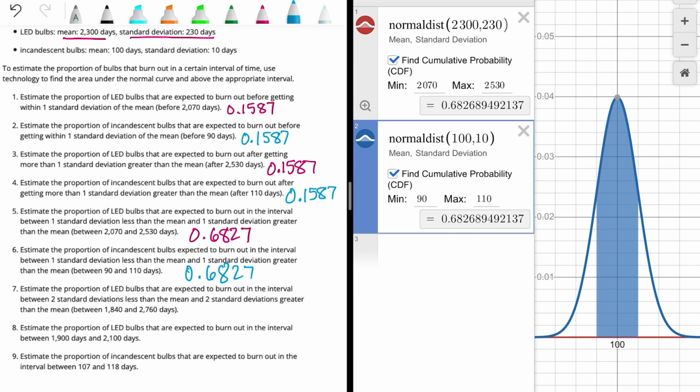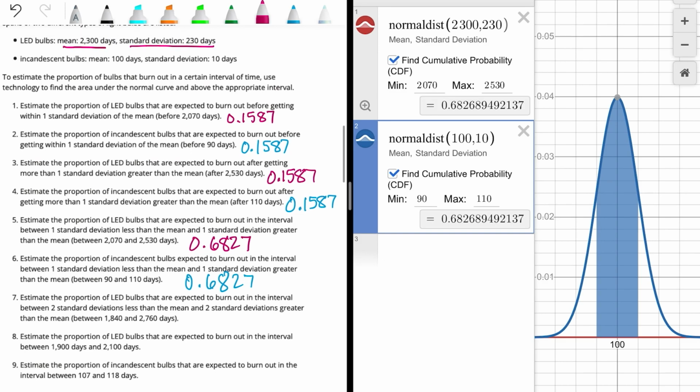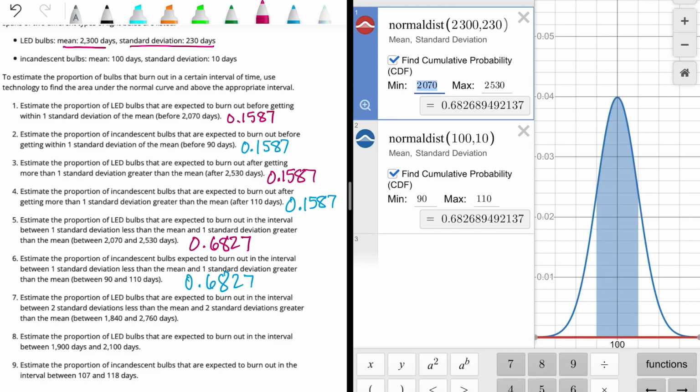All right, now we're taking a look at the proportion of LED bulbs, so we're back to the red one, that are expected to burn out in the interval between 2 standard deviations less than the mean and greater than the mean. So we're going 2 standard deviations away. So instead of 230 days away from 2,300, we're going 460 days on either side. And so 2,300 minus 460 is 1,840.